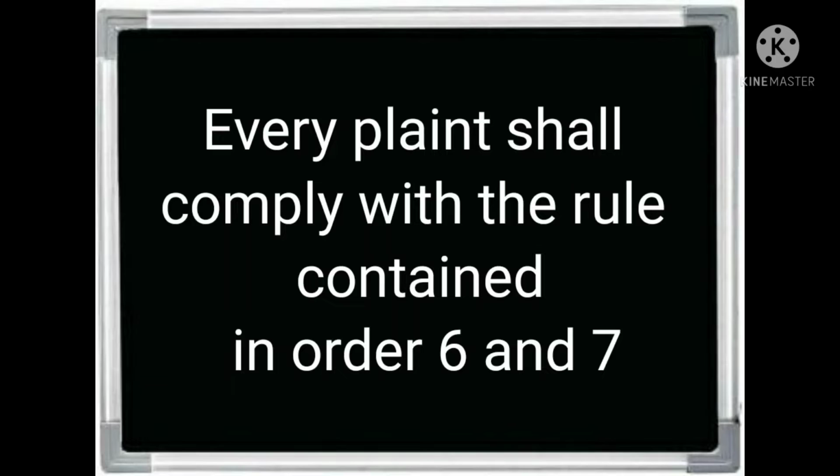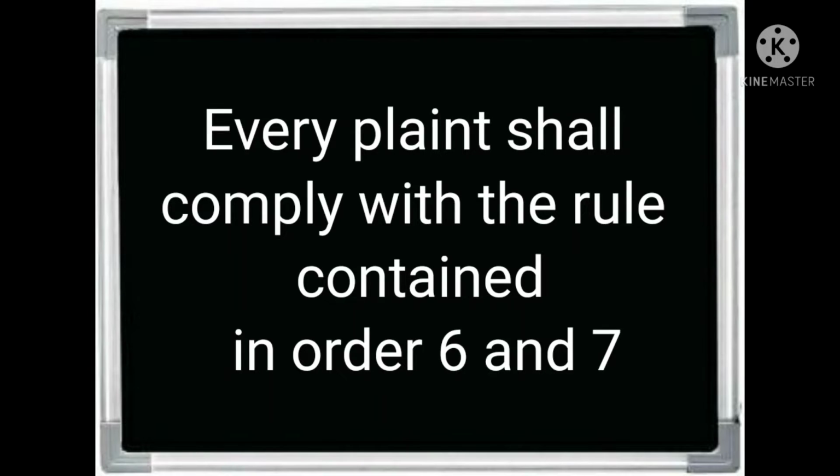And the second sub rule of rule 1 says that every plaint shall comply with the rules contained in Order 6 and 7. And the third sub rule has the provision that a plaint shall not be deemed to be duly instituted unless it complies with the requirements specified in sub rule 1 and sub rule 2. So this is the first rule of Order 4.